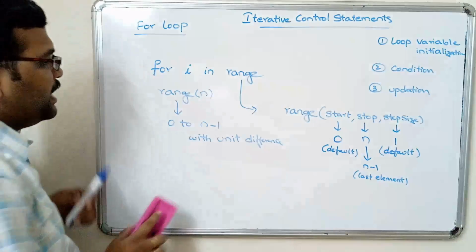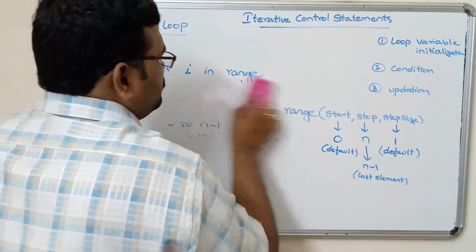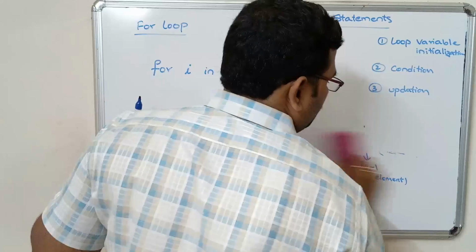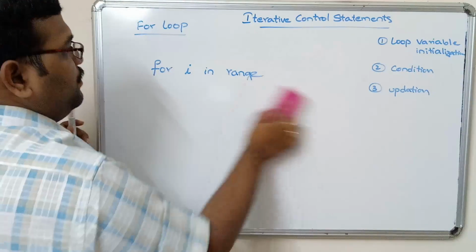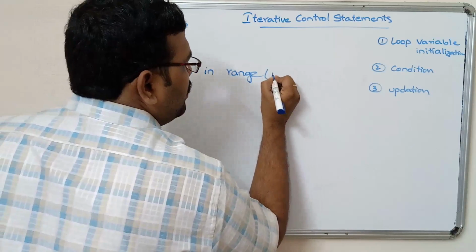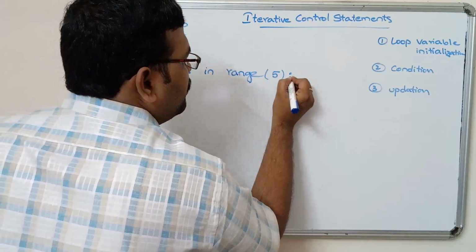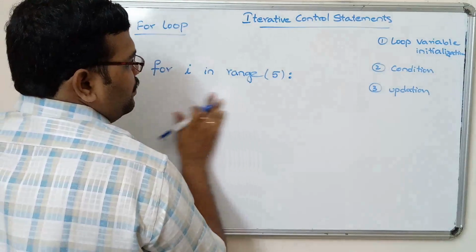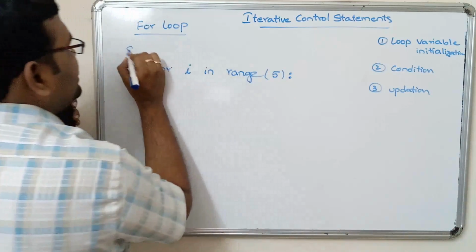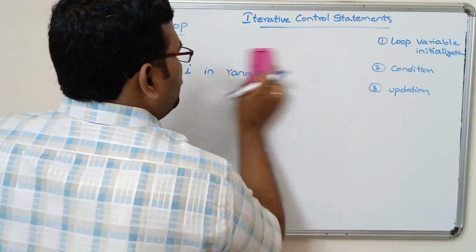Now let us see. Hope you understood this range. Let us see range n, or simply range 5. Sorry, let us write the syntax first and then we will move on to the program.